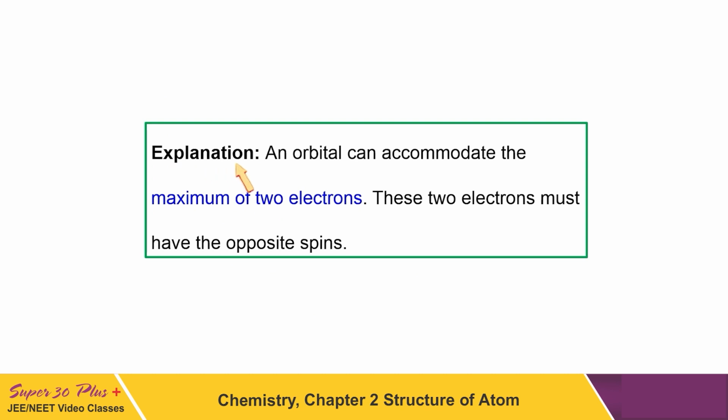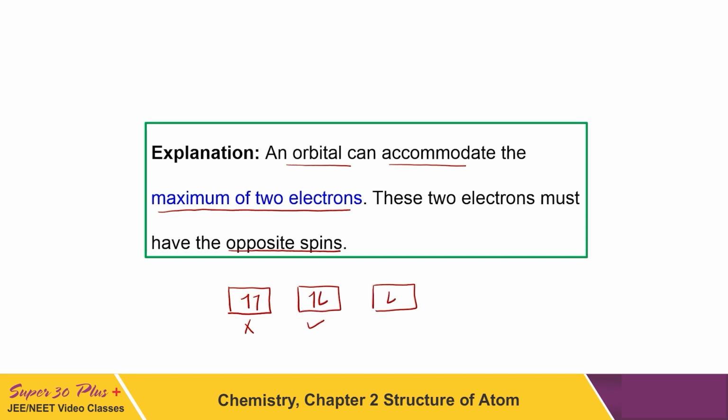So the explanation of this: an orbital can accommodate a maximum of 2 electrons, Pauli's rule, and these 2 electrons must have the opposite spin. They cannot be of the same spin. So this one is denied, this one is correct, this one is of course denied, they have the same spin.